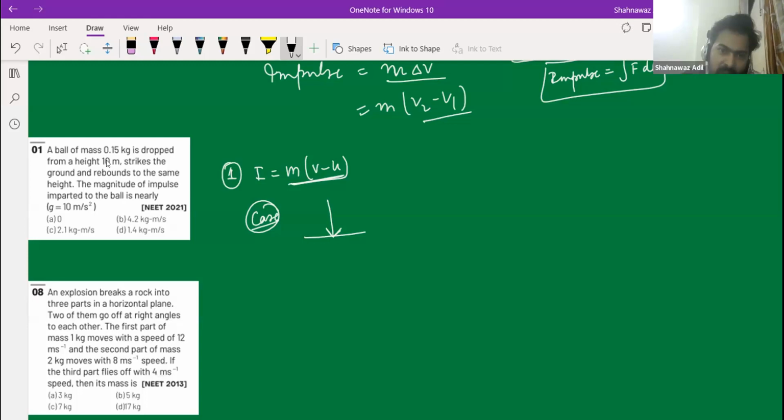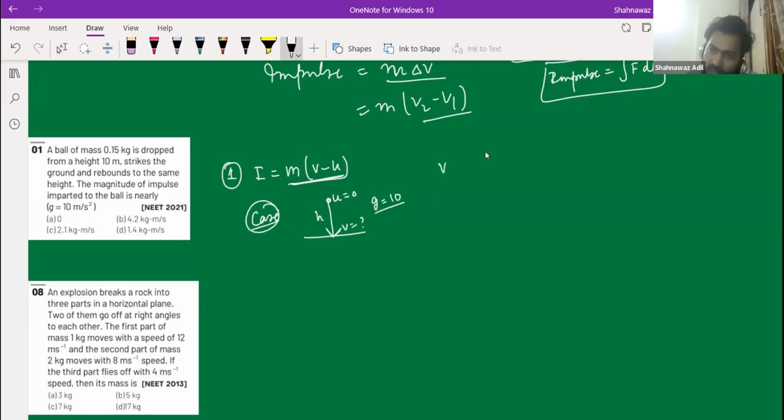Okay, so it is dropped from this height. U is zero for this part. So what is the final velocity here? Height is h, and we know that g is 10, we have to take g as 10.